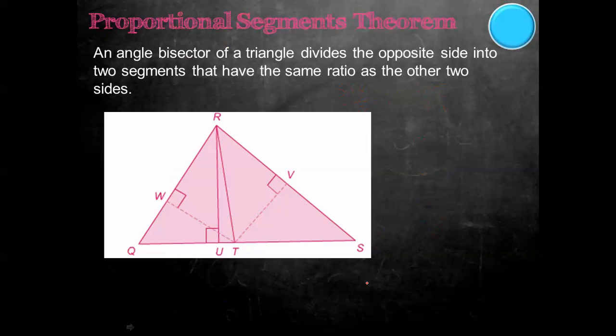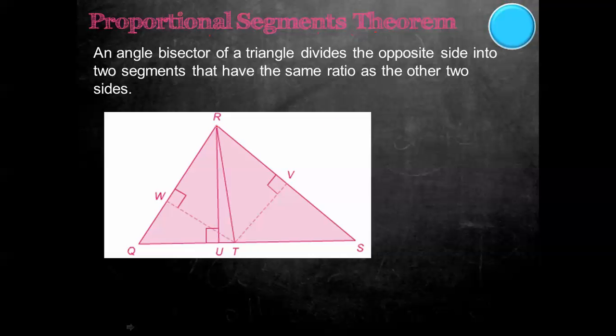Okay, our other theorem that we're going to talk about is the proportional segments theorem. Now, this one is a tad different than the other three theorems that we've been talking about recently, because it's still dealing with an angle bisector, okay? It says that an angle bisector of a triangle divides the opposite side into two segments that have the same ratio as the other two sides. So that's really wordy.